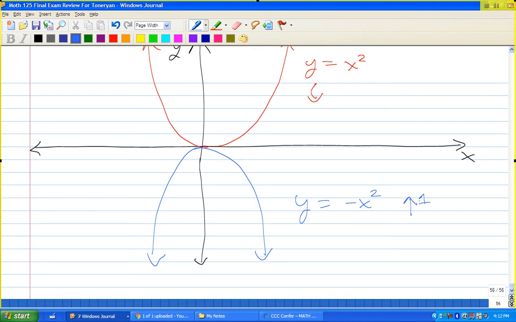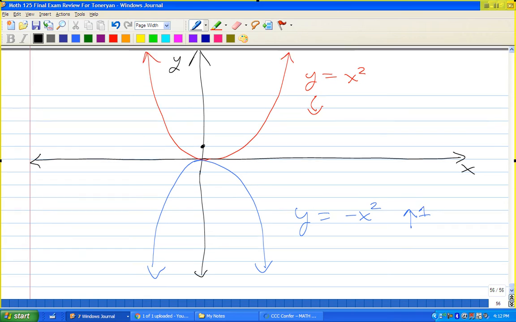So I'm going to move this up 1 unit. Okay, and so it's here at 1. Oh, I forgot to put the tick marks. I just sort of graphed this without any tick marks, so let me put the tick marks here.